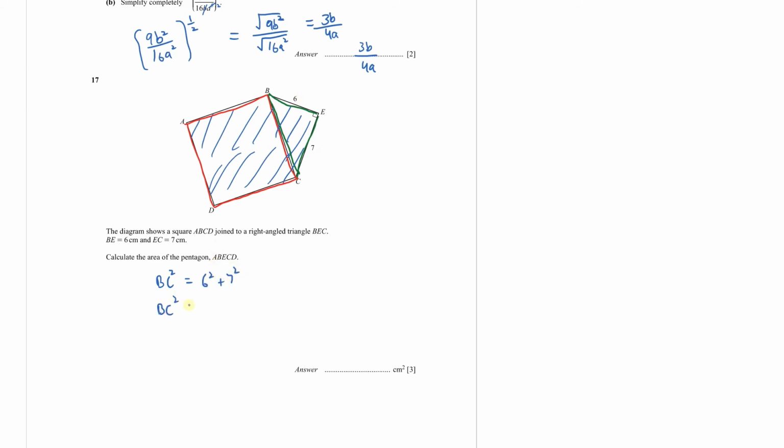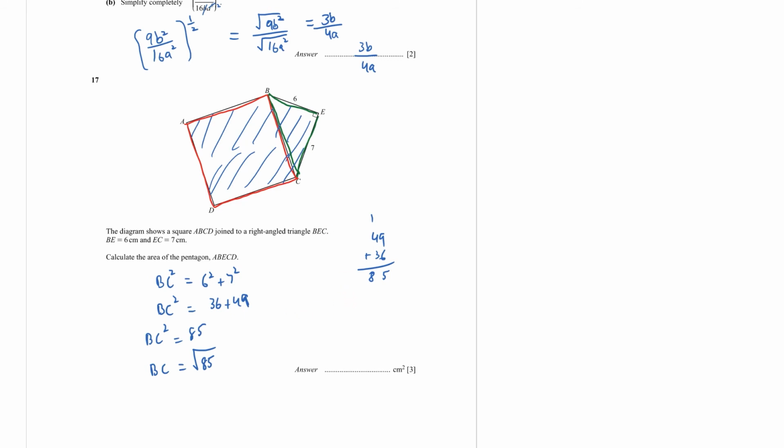So BC squared is 36 plus 49. 36 plus 49 will be 85. So BC squared will be 85. BC will be square root of 85.